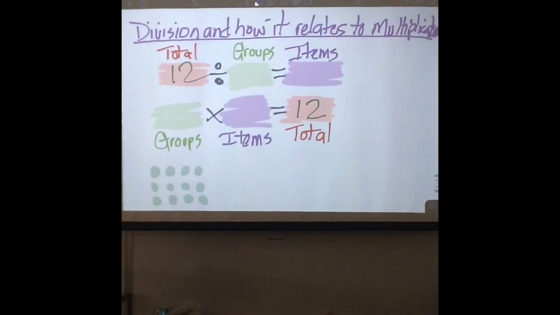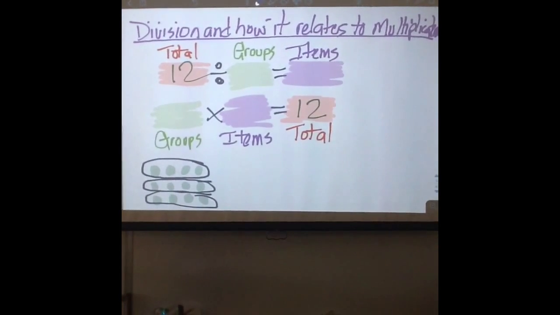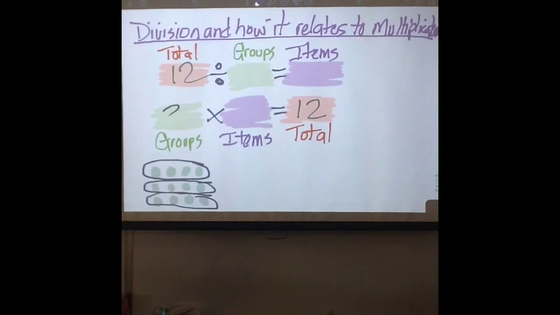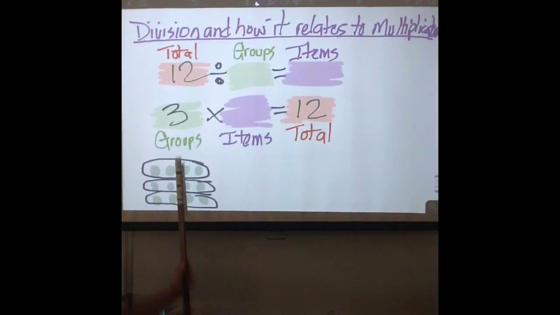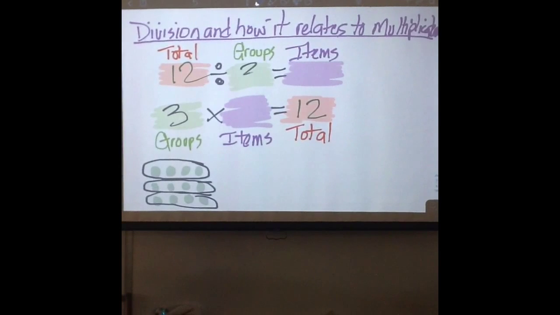How about 3? 1, 2, 3. Do you see that? So what goes in here? Yeah, good job. 3. So where does this 3 also go? Up here, right? Good work.